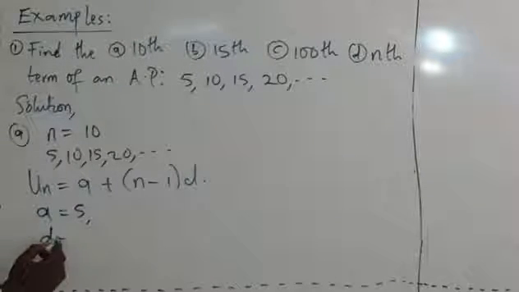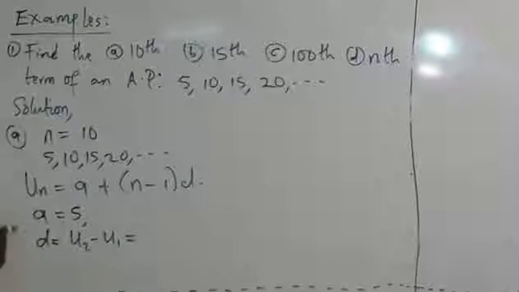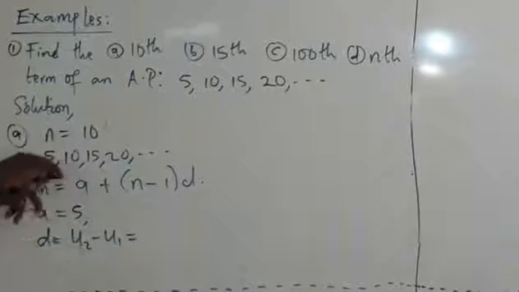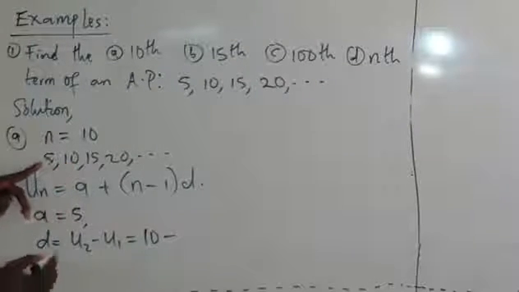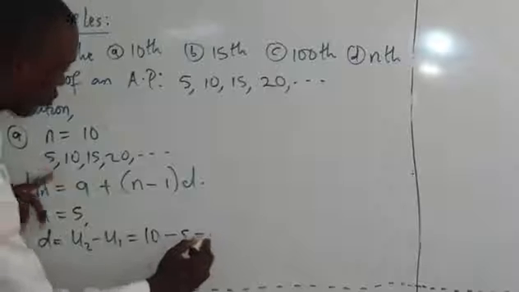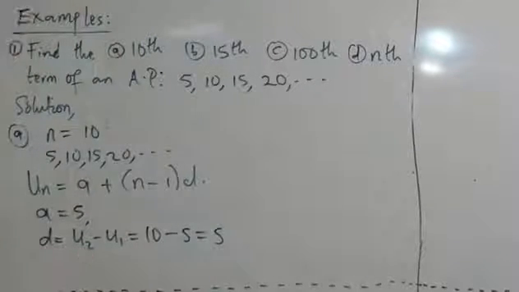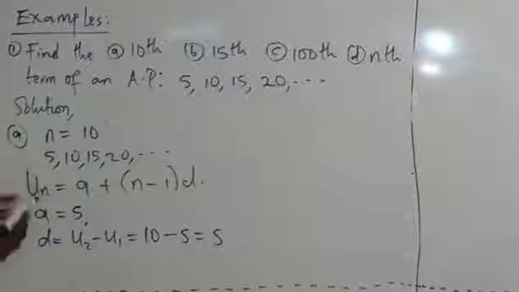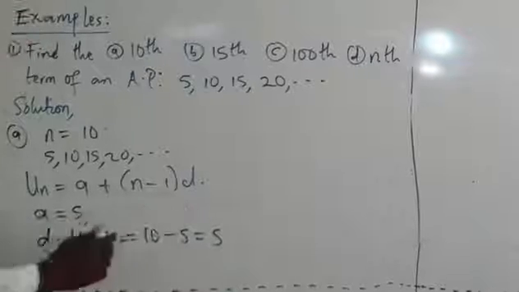Then the common difference, we have u2 minus u1. And what is our u2? That is the second term minus the first term. So the second term is 10 minus the first term 5, which is equal to 5. If you don't want to use first and second, you can use second and third, or third and fourth. We are still going to have the same value.